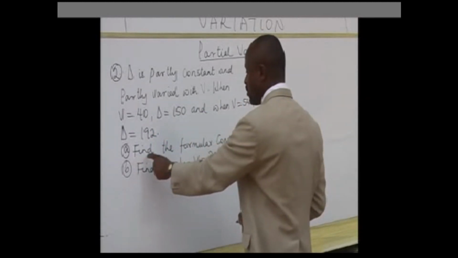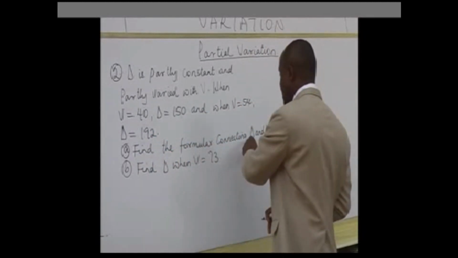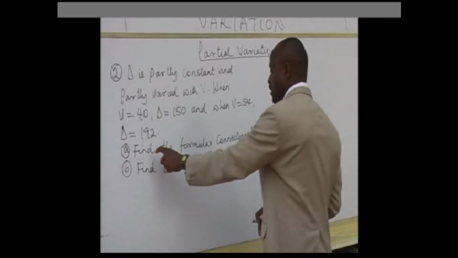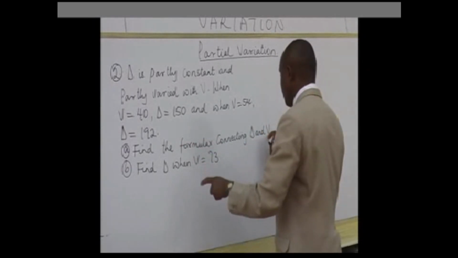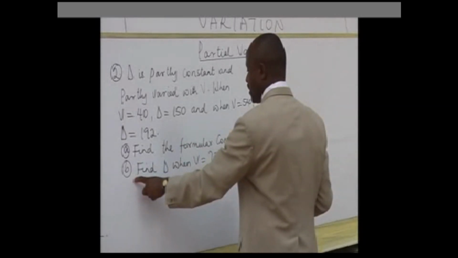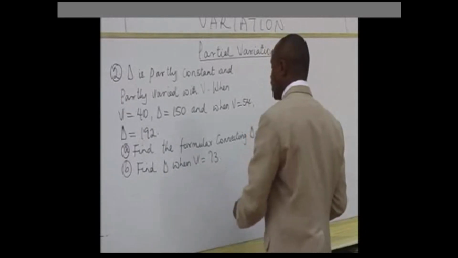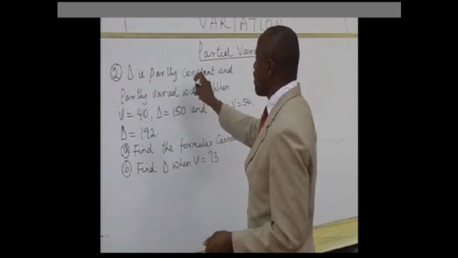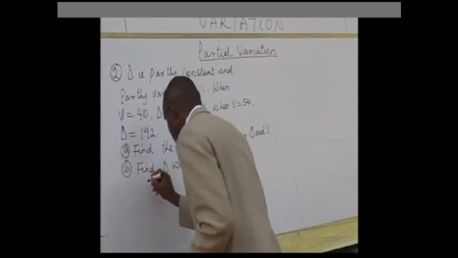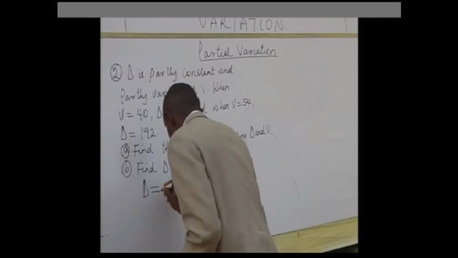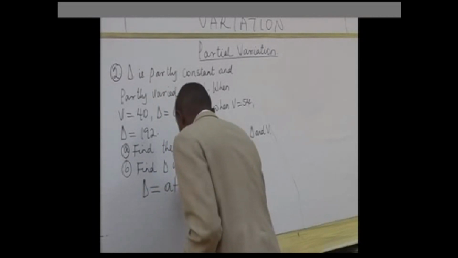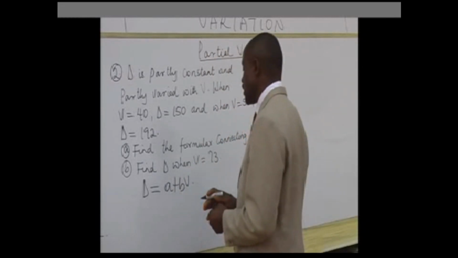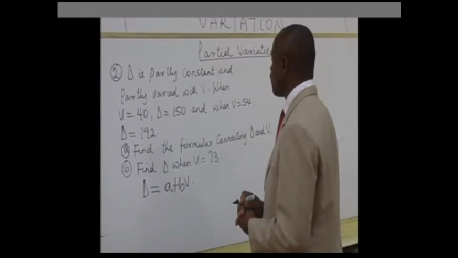Question number A says we should find the formula connecting D and V. That is also to say find the relationship between D and V. Question number B says we should find D when V is 73. D is partly constant and partly varied. That means D is equal to A plus BV. That is the equation of partial variation.